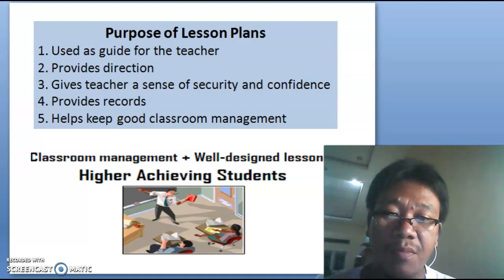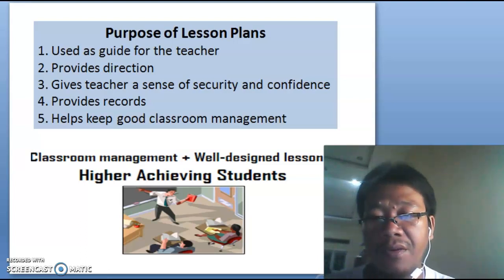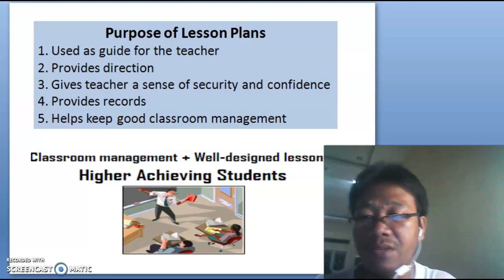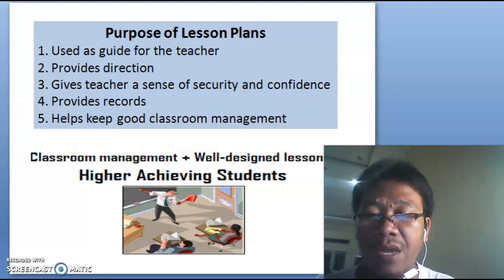Classroom management plus well-designed lessons, it means well-designed lesson plan, equals higher achieving students. So you need to prepare your classroom management and a well-designed lesson plan in order to get higher achieving students. So this is the purpose of lesson plans: to get higher achieving students.